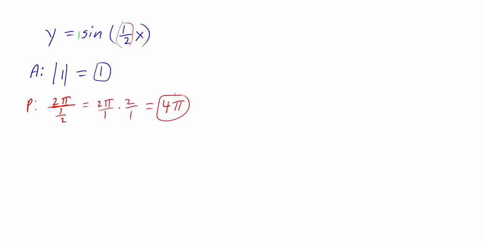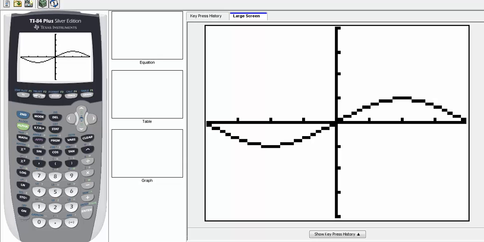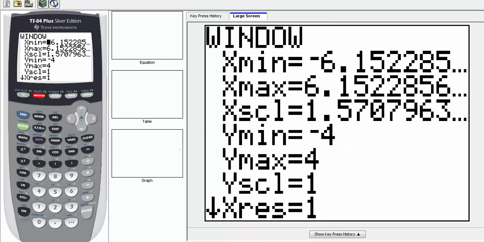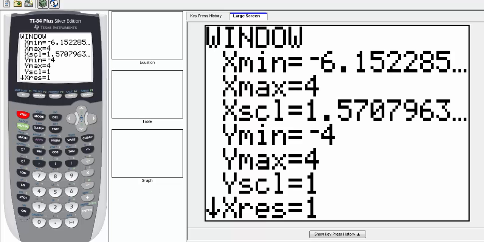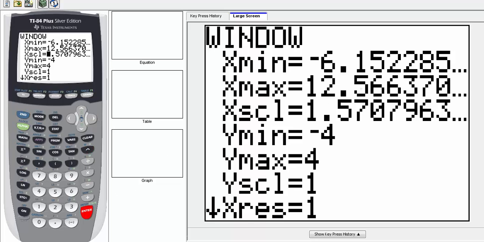So here, the period is going to be twice as long as what it was originally with the plain sine x, because the period was originally 2 pi, and now the 1/2 is making the period 4 pi. That tells me that when I go to the window, my x max, the 6.15, is representing 2 pi, so I want to type in 4 pi, and it gives me the decimal here.